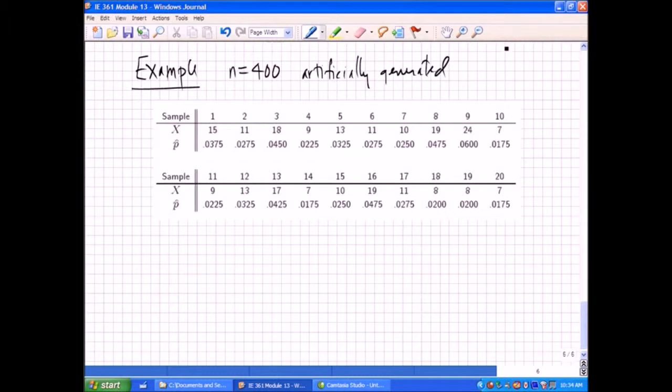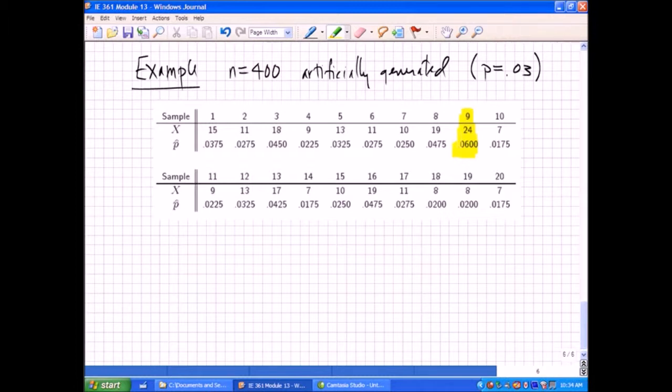As a matter of fact, I generated these data using a process fraction nonconforming of 3%. That's true, except at sample 9, where I cheated and did something else.